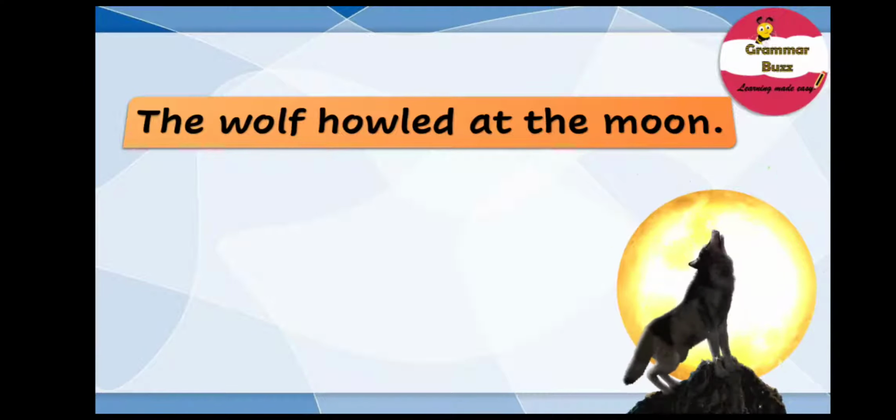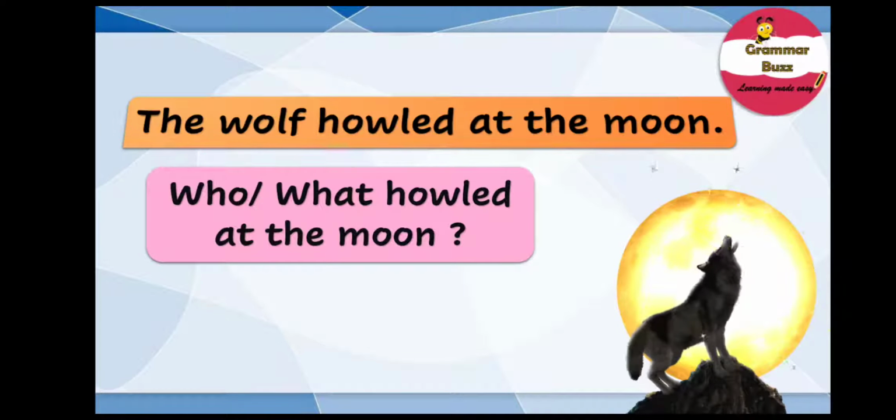It is certainly howled. Now, to find the subject, we need to question the verb with who or what. In this case, who howled at the moon does not give us any answer. But if we say what howled at the moon, certainly our answer will be the wolf.